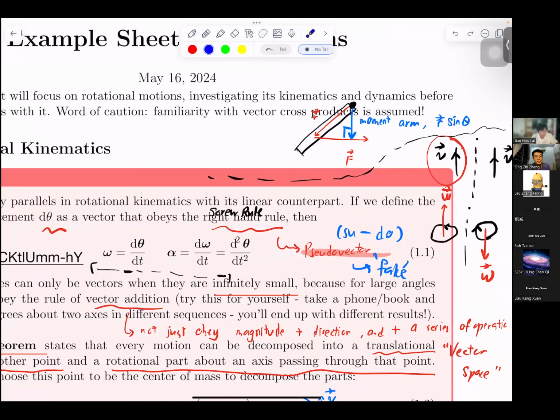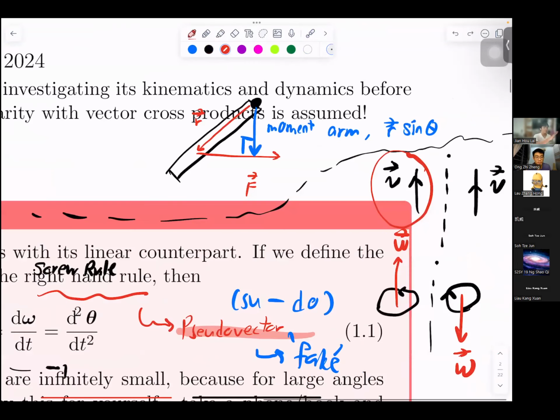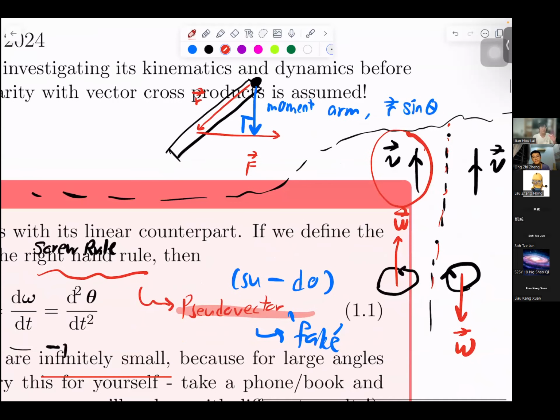Let's say you have a vector V and it undergoes a reflection. A vector, say velocity, that undergoes a reflection will keep the same direction, so this is a true vector. If it is a fake vector, it will undergo the transformation of reflection and change its direction.